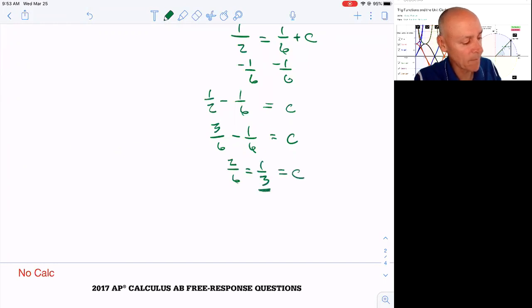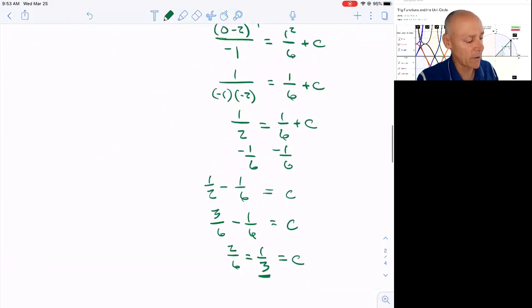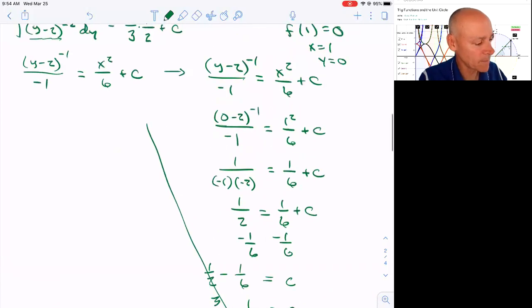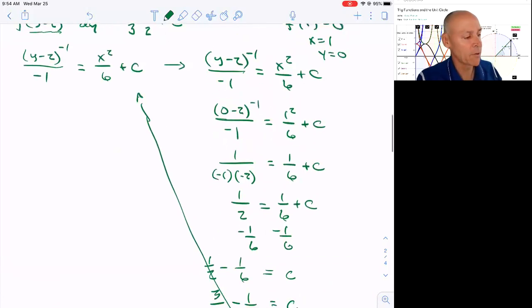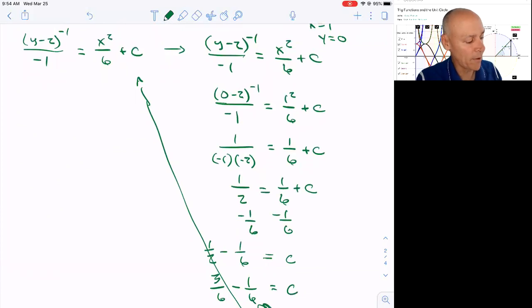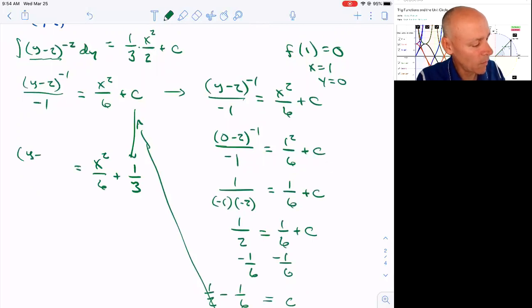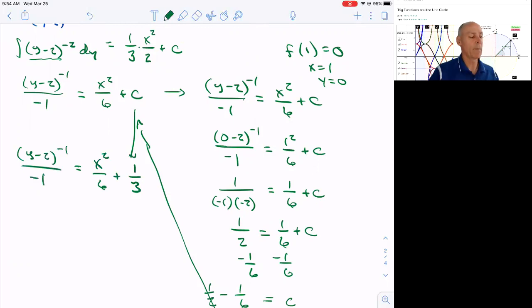So that is the value of my constant of integration. I'm going to take that 1/3, draw a line, and drop in 1/3 for my constant of integration here. So that's going to be 1/3 x squared over 6 plus 1/3, and then I have y minus 2 to the negative first over negative 1.